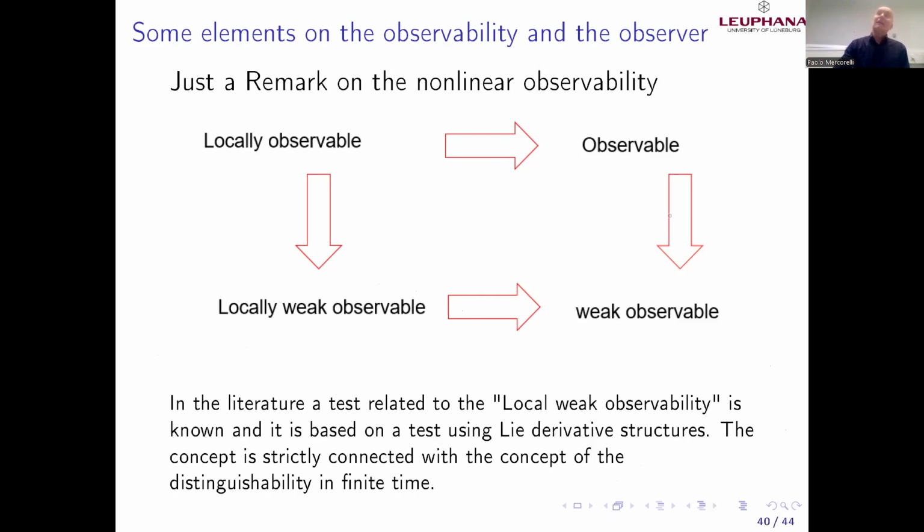Nevertheless, we can say that locally is observable, and we can see that also I need the input to estimate the system.